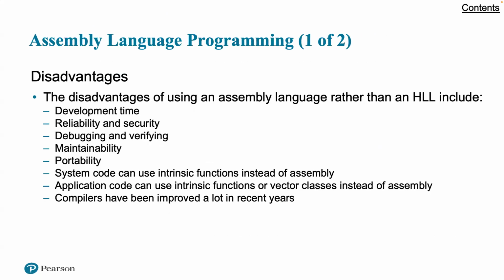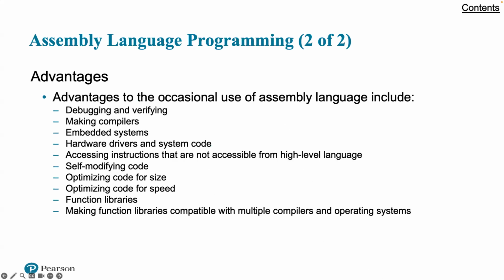So disadvantages: it can be hard to program in assembly language. You probably don't want to be doing it for average programming. This is one of the reasons why it's really important to have a lot of comments in your code, because it's not going to be as intuitive as it is for a higher level language. But there are advantages.